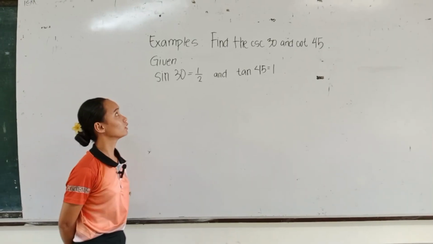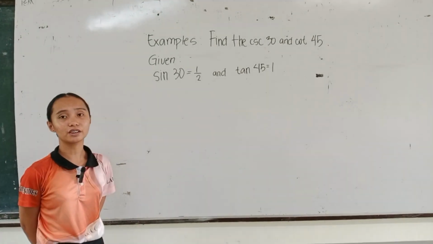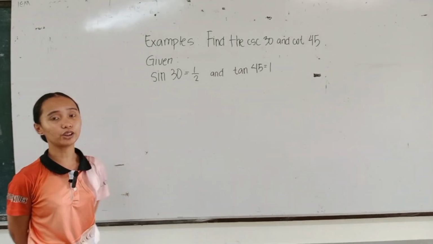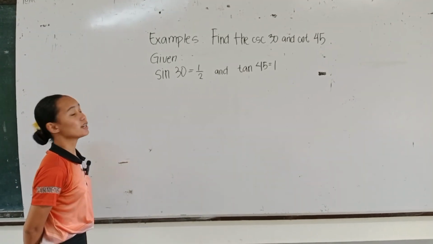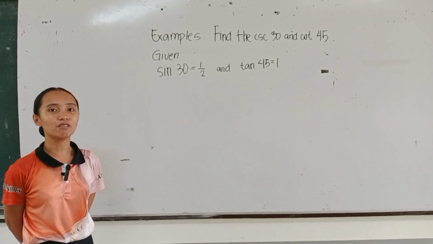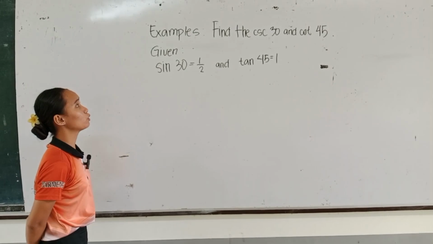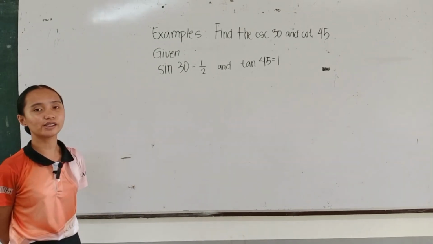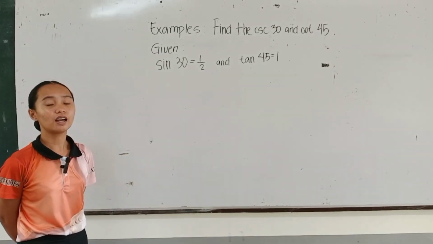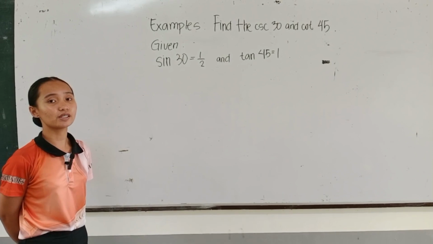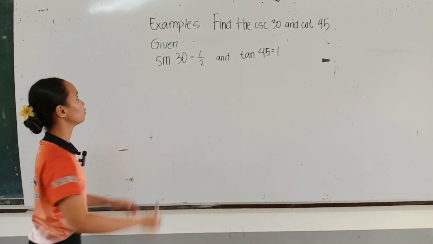For example, find the cosecant of 30 and the cotangent of 45, where the givens are sine 30 is equal to 1 half and tan 45 is equal to 1. So to find the cosecant, we must use its reciprocal identity, which is 1 over sine.